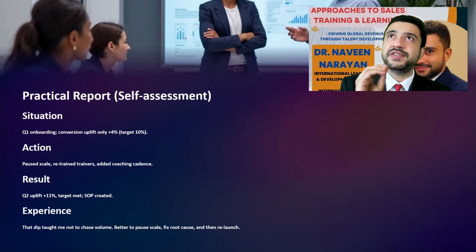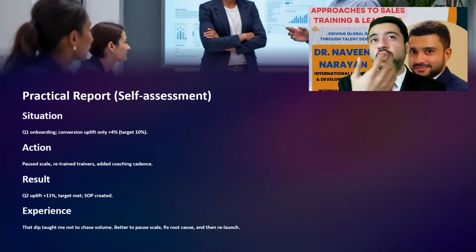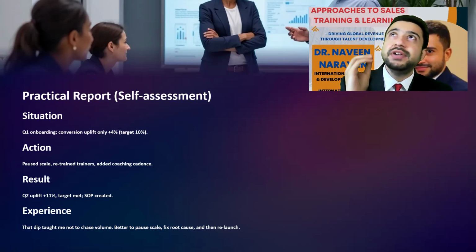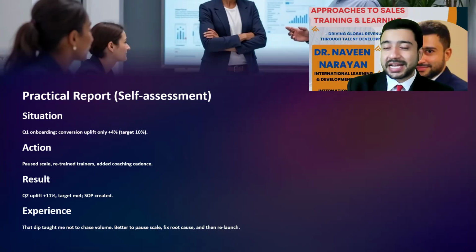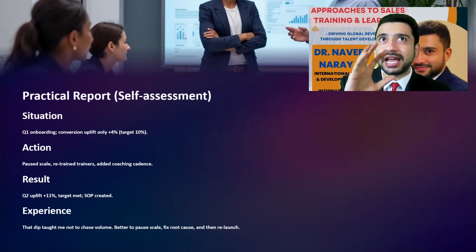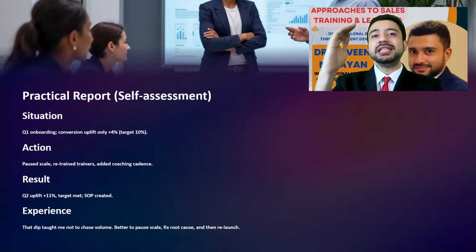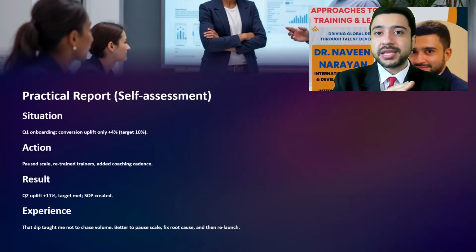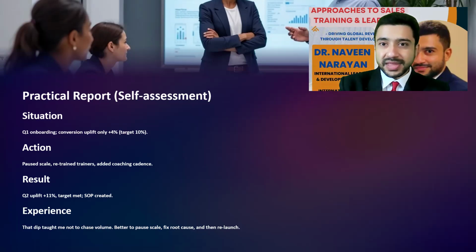Whenever I want to get an increase, instead of bringing more people onto the floor, I stop and look back at what we have, what we can achieve, where they are lagging, and what we have to train. We fill those gaps, and then automatically the revenue and performance will grow. Getting my point? That is what we did.